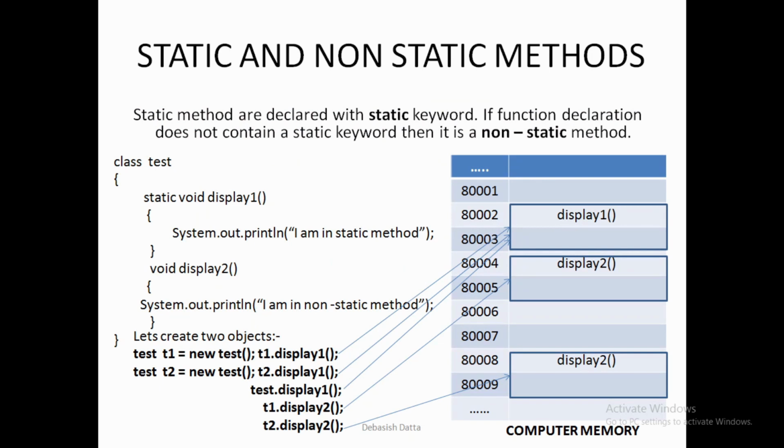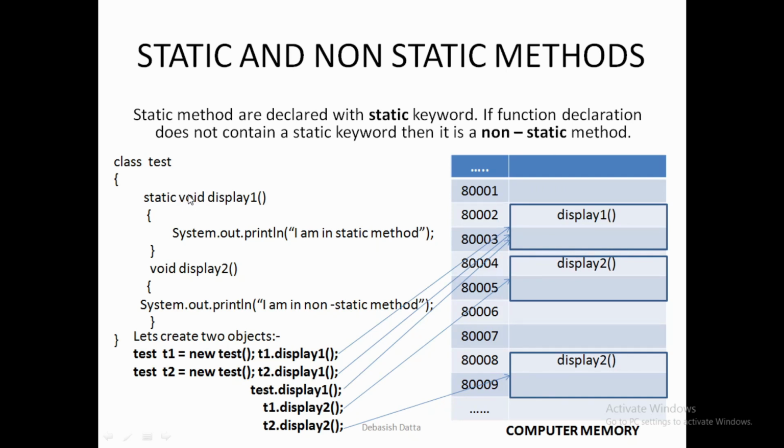Now comes a very interesting and important topic, that is static and non-static methods in a Java program. Now a method or function can be static if you write the static keyword just before its return type.